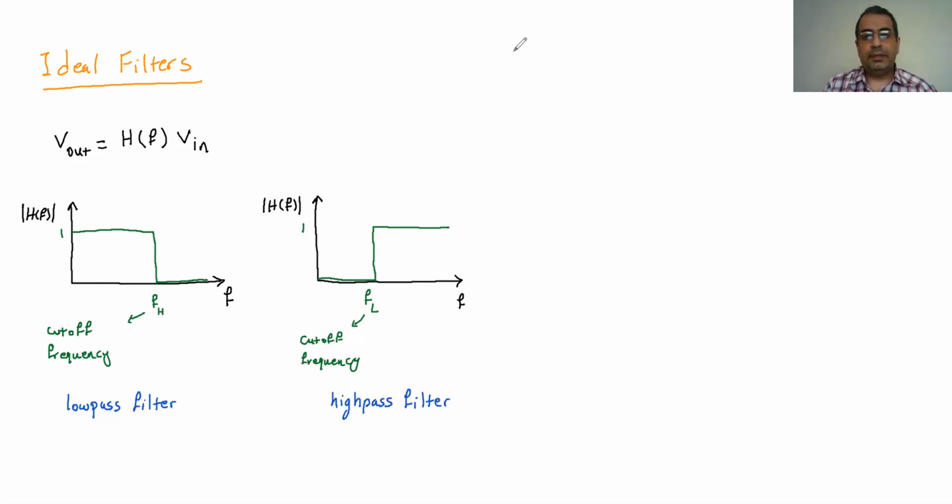The next one that I want to share, so these are the first two. The third one, so assume we have again the frequency, and this one is going to be again the magnitude of the filter transfer function.